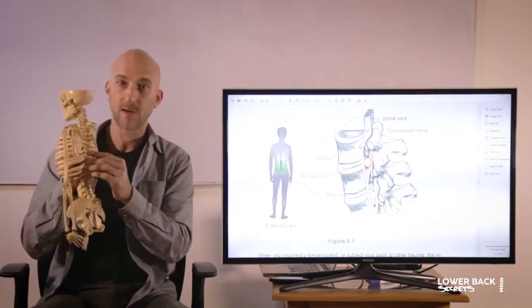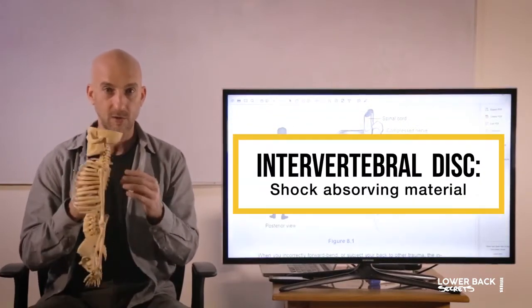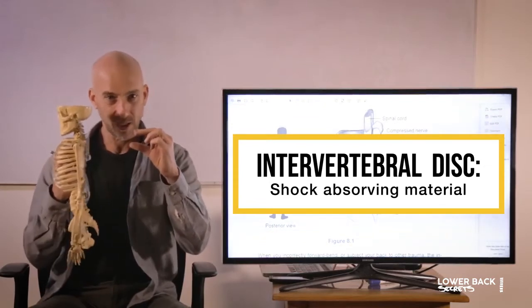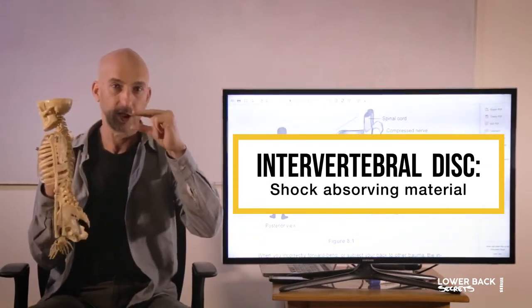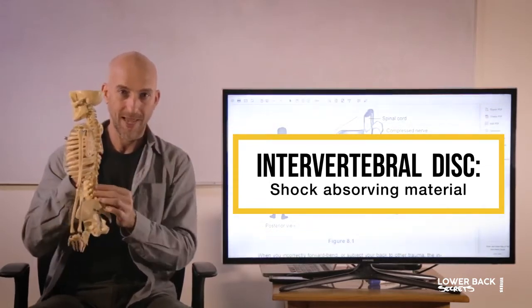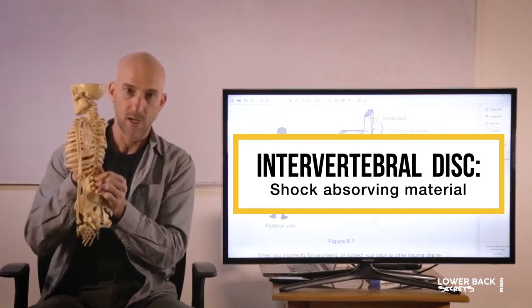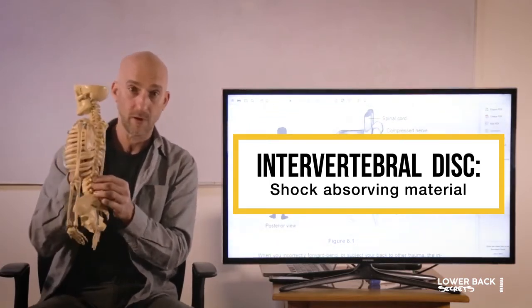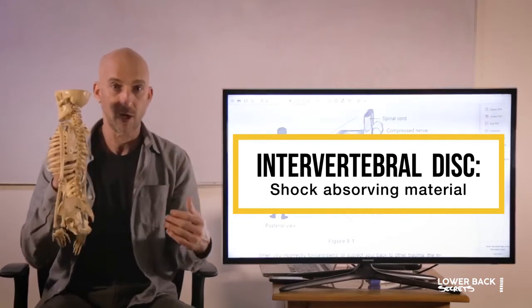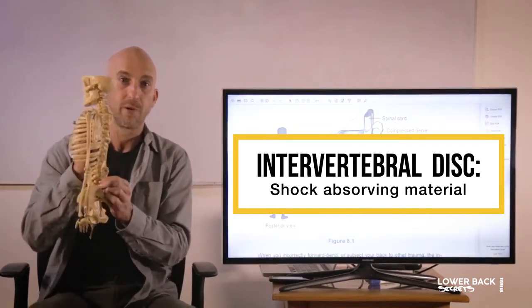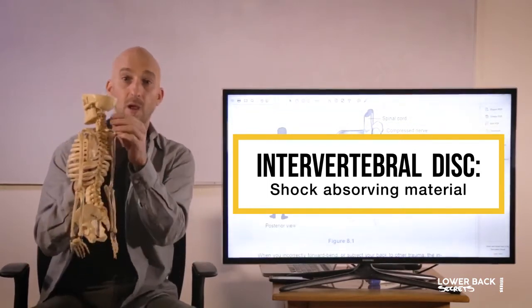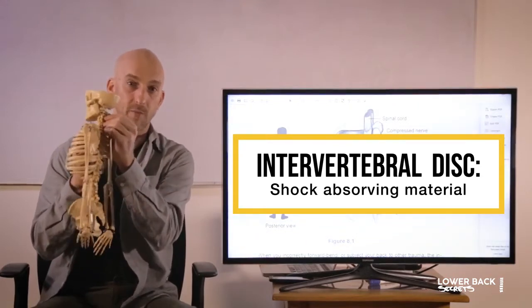Okay, and these are discs that are called intervertebral discs, and their job is essentially to act, amongst other things, as a shock-absorbing material, so that as you're walking or as you're running or as you're jumping, your bones don't smash onto each other, and more importantly, don't shake the brain.